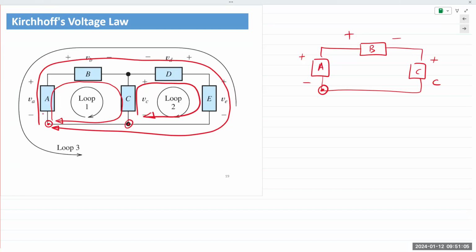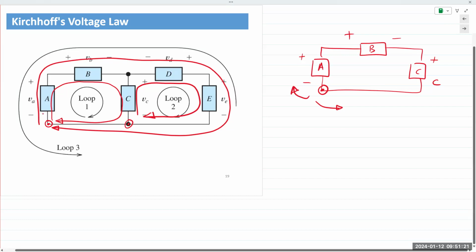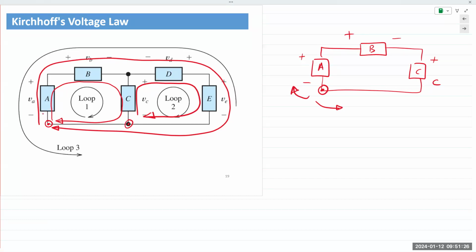Now, when you add the voltages, you can choose to go clockwise, or you can choose to go counterclockwise. It does not matter. It is not a current direction. That arrow simply points out which direction you're adding the voltages. That's all. I always go clockwise from the bottom left corner.